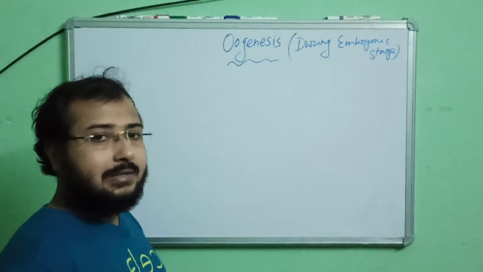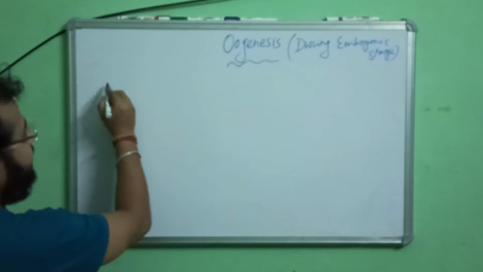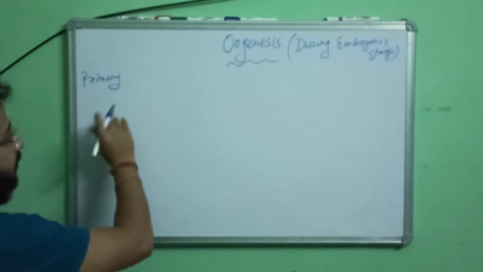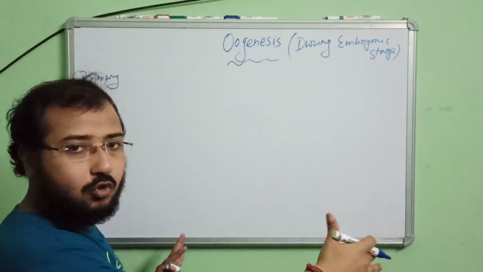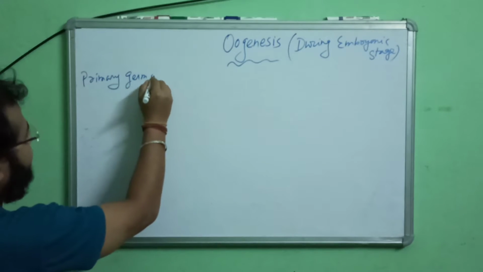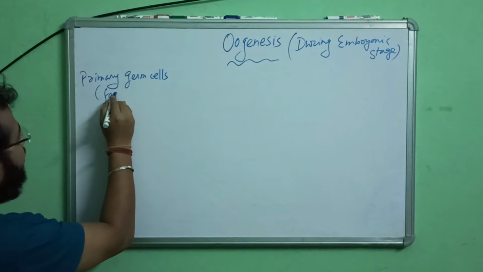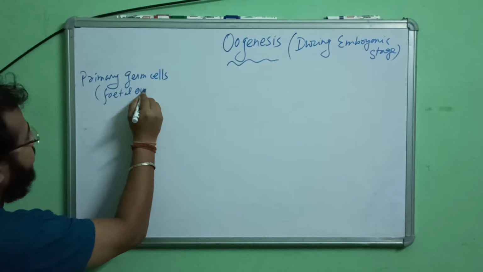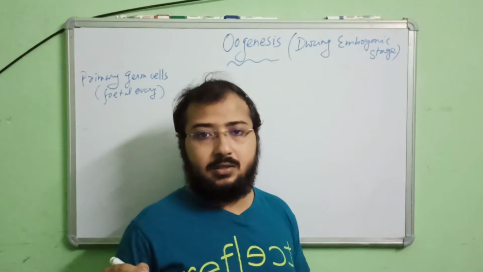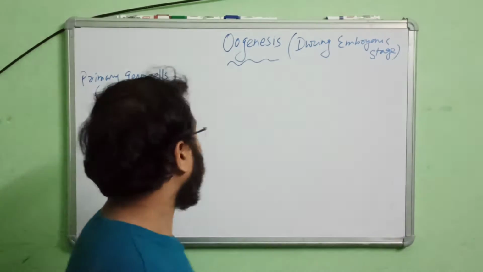In the ovary there are primary germ cells. I am writing in smaller fonts so that I can cover the entire flowchart on this board. Primary germ cells are present in the fetal ovary, the ovary of the fetus that has developed from the embryo.